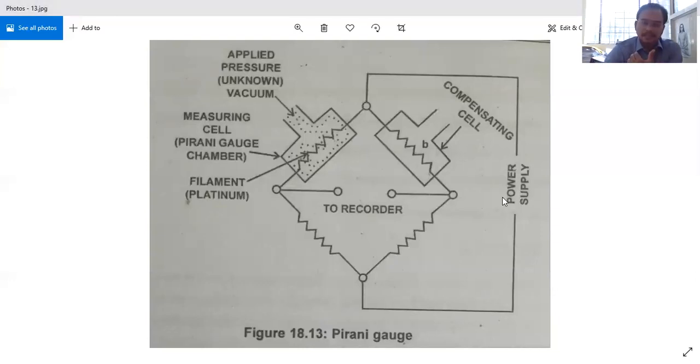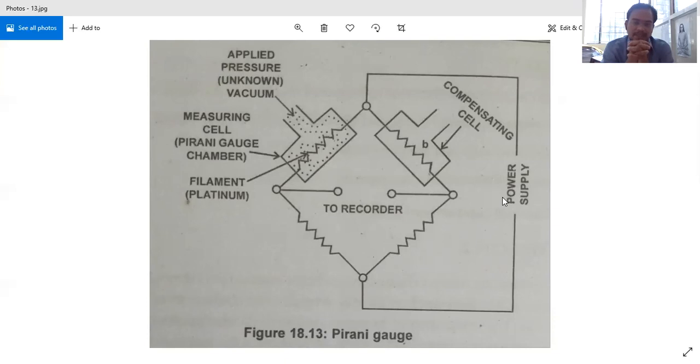Thermal conductivity gauges depend upon the principle that the dissipation of heat from the conductor into the gas depends upon the conductivity of the gas.